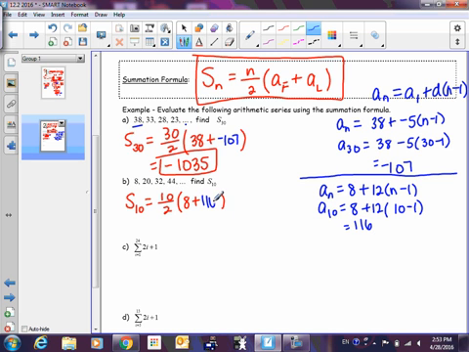You should have gotten 116 for that 10th term, and so now you're just plugging this back into this formula.